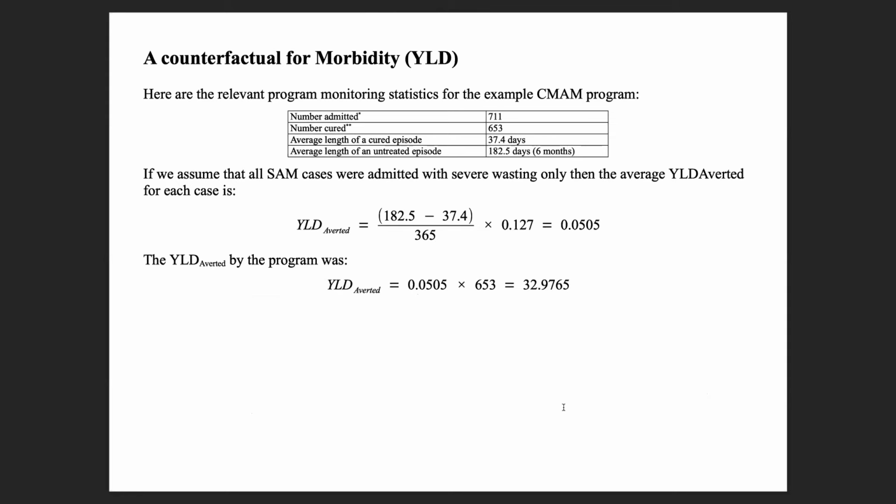So here's some additional background data for the CMAM program we're looking at. Here our average length of cured episode was 37.4 days. And the average length of the untreated episode is 6 months. And so here we can calculate the YLDs averted for a single case as that 6 months minus the 37.4 days, divided by 365, so that now becomes a proportion of a year that was averted, multiplied by the disability weight for the condition.